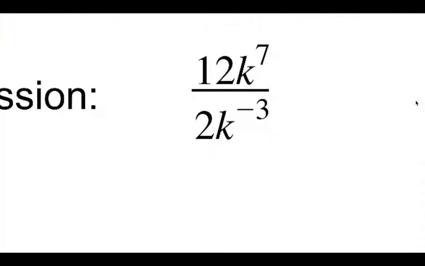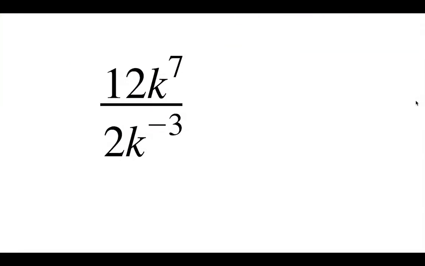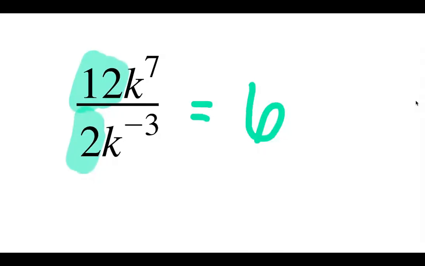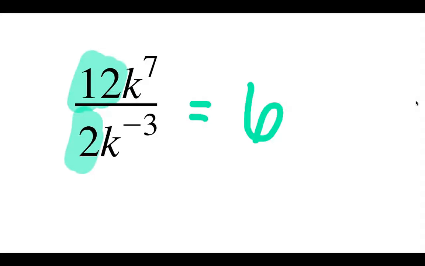Okay, this one we're simplifying again. This one is a division. So this time I'm going to divide my numbers. So 12 divided by 2 is going to give me my 6. Keep my base of k, and then I subtract. And it's always top minus the bottom.